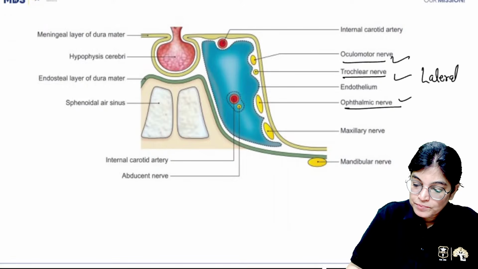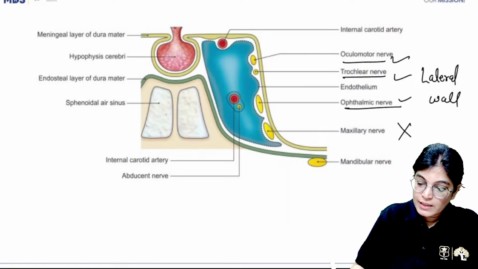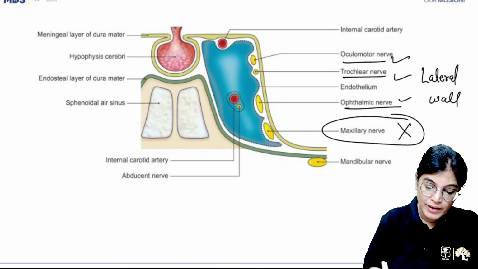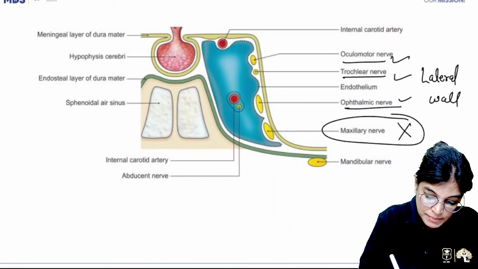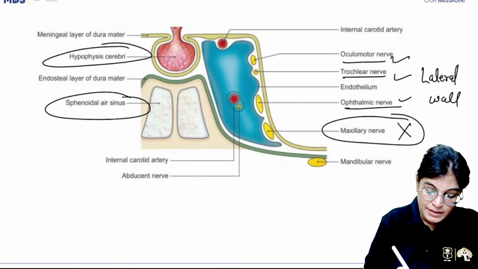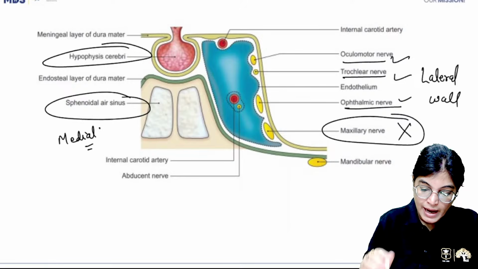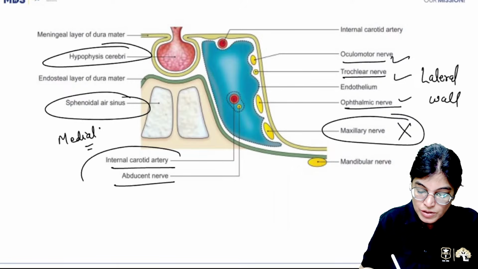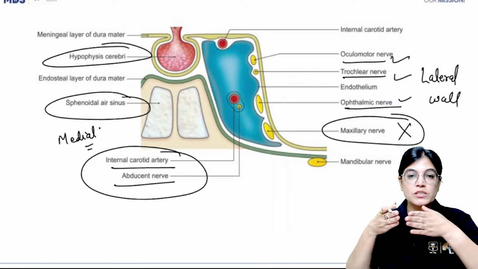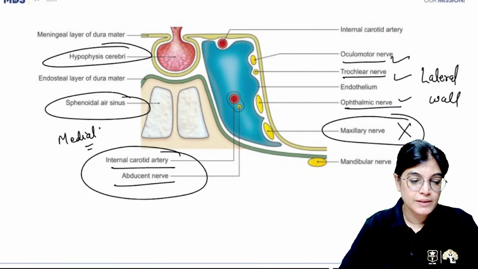According to the new books, the maxillary nerve is not related to the lateral wall. And the pituitary gland, hypophysis cerebri and sphenoidal air sinus are related on the medial aspect of the cavernous sinus. The internal carotid artery and abducens nerve are the two structures which pass through the cavernous sinus.